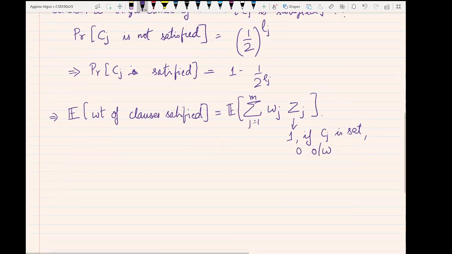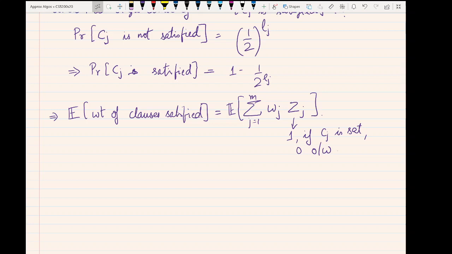So Zj is the indicator random variable, and of course its expected value is going to be the probability that it is 1, which is in turn the probability that Cj is satisfied, and this gives us the following expression.